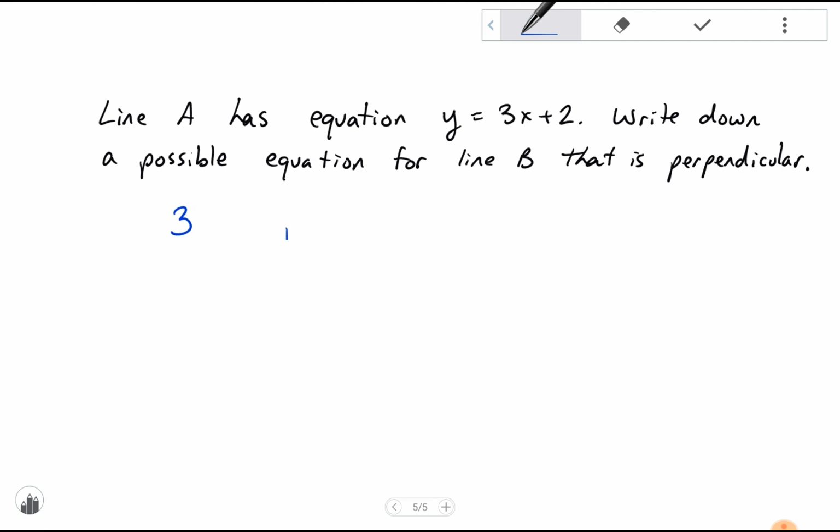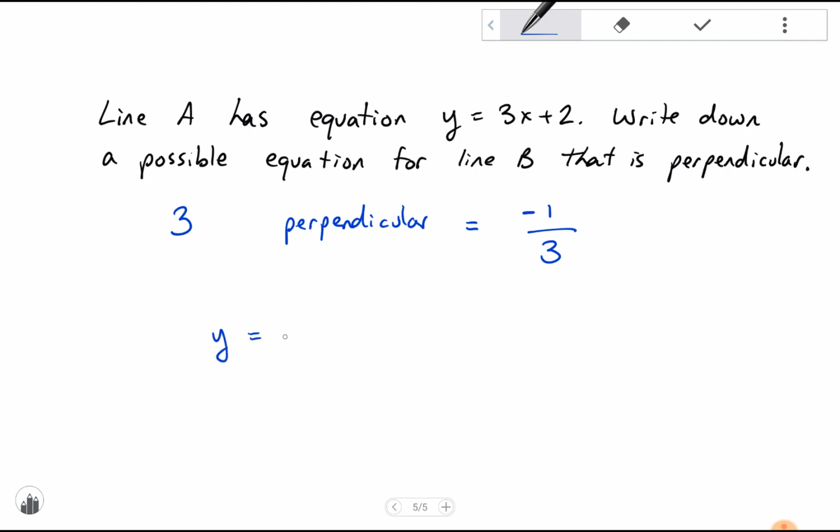So if it's perpendicular, for the slope of line B we take 3, write 1 over 3, that's the reciprocal, 1 over the original value, and then we make it negative. So this is the slope for B.